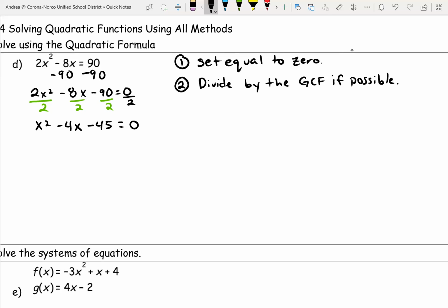Okay, step 3. We need to find A, B, and C. Monique, what's the A value here?